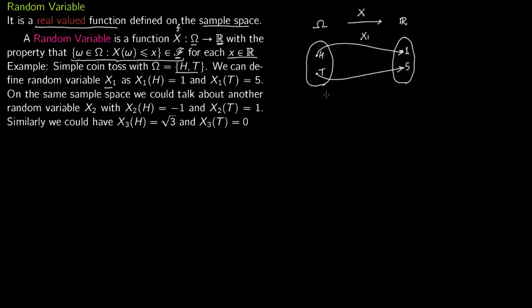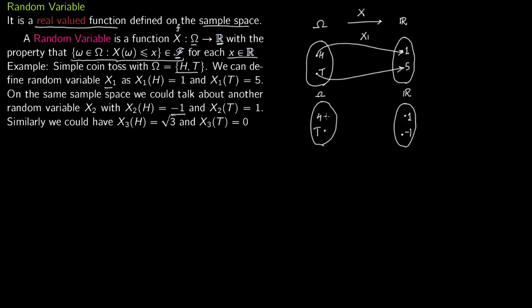So this is random variable x1. Now in the same sample space we can define another random variable x2. So x2 of head say is -1, x2 of tail is 1. Again you go from sample space omega to real numbers. Say you have head and you have tail, and the real numbers now are 1 and -1. So x2 of head is -1.